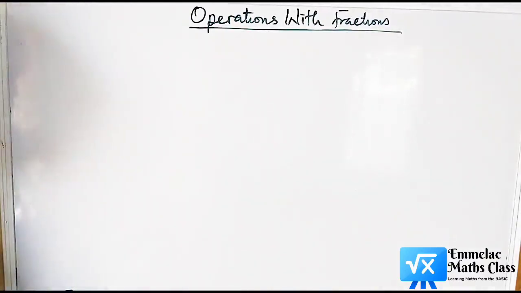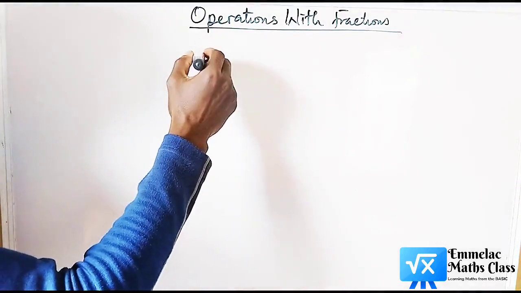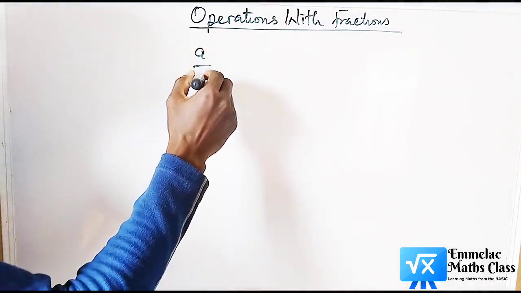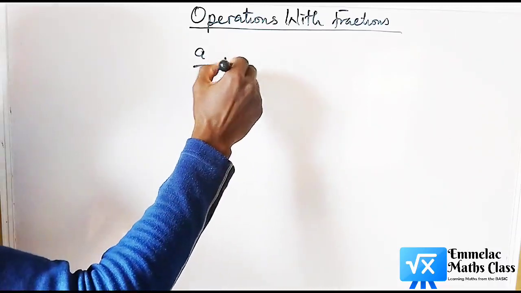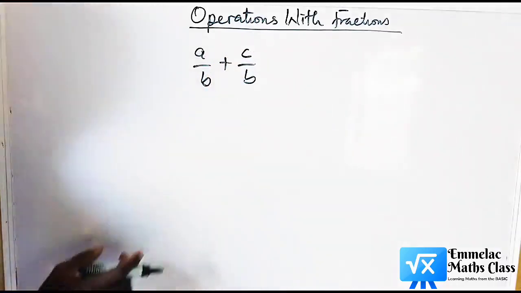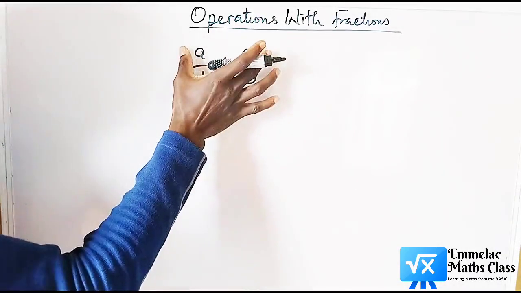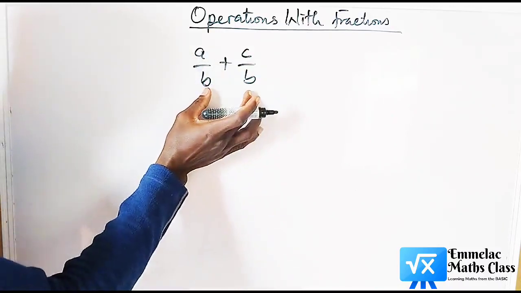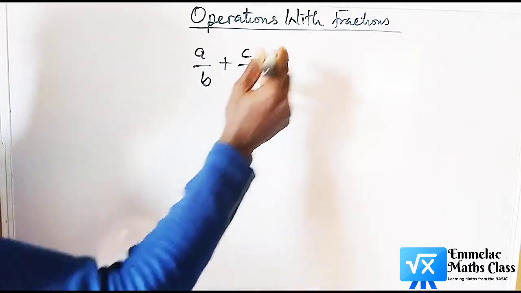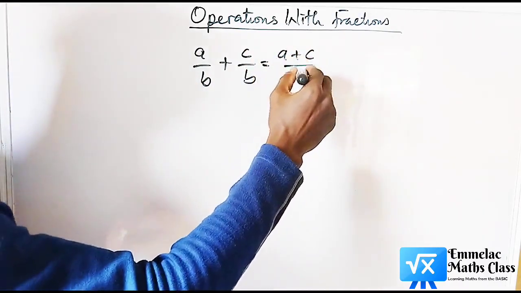The first rule is adding a over b plus c over b. Here you have the same denominator but different numerators. Because you have the same denominator, this implies a plus c over b.